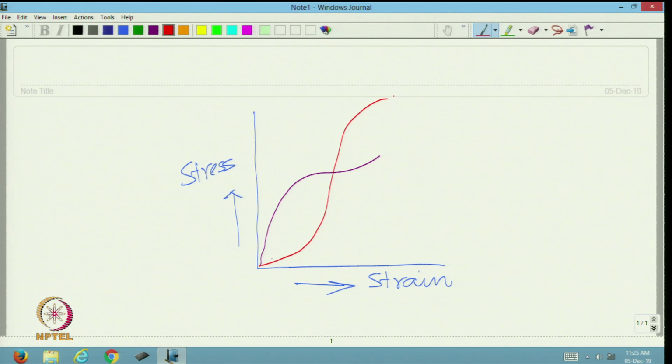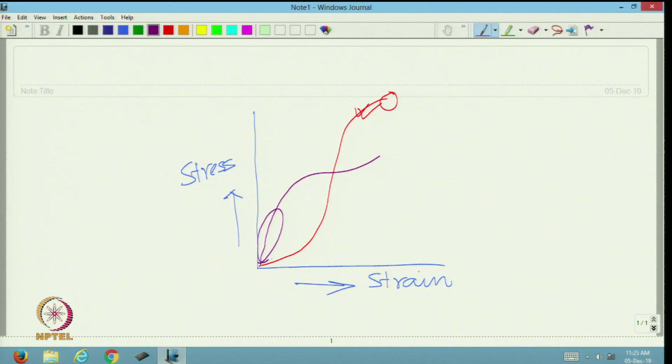If we select based on their breaking load or ultimate breaking strength, we will select say this one, but as far as the initial modulus is concerned, this one gives higher initial modulus.